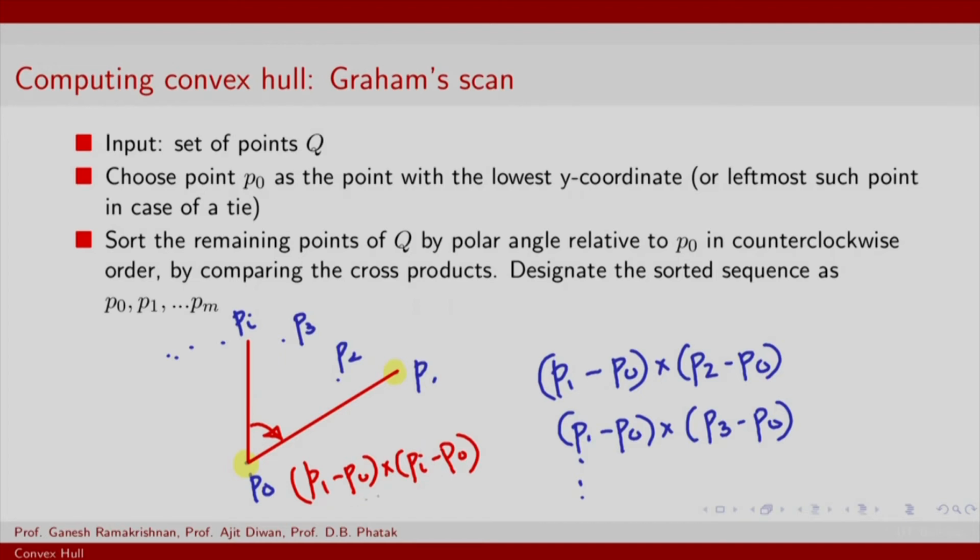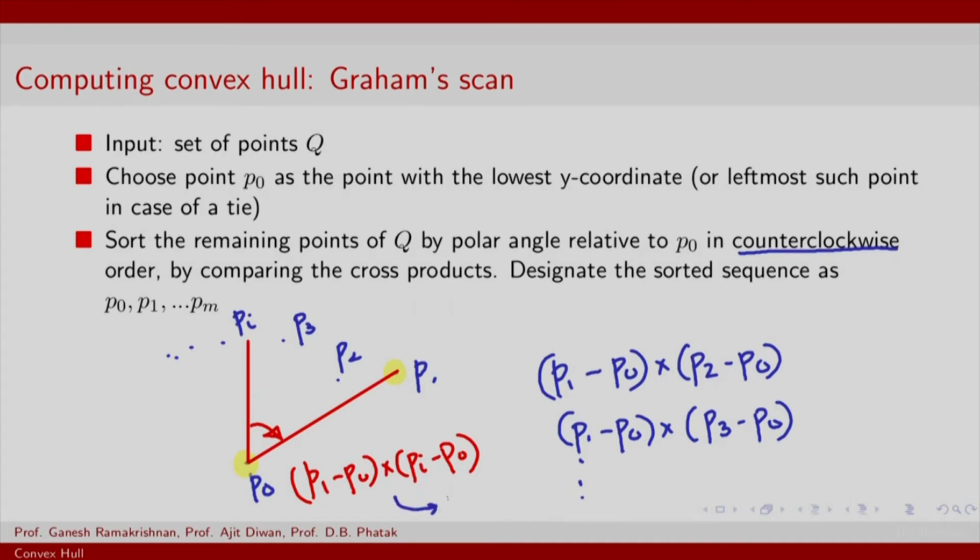So if you were to compute this cross product for all points Pi, and we of course expect to sort the points, and if we were to sort these points based on increasing values of this cross product, then we would actually get the points sorted in counterclockwise order from P1.